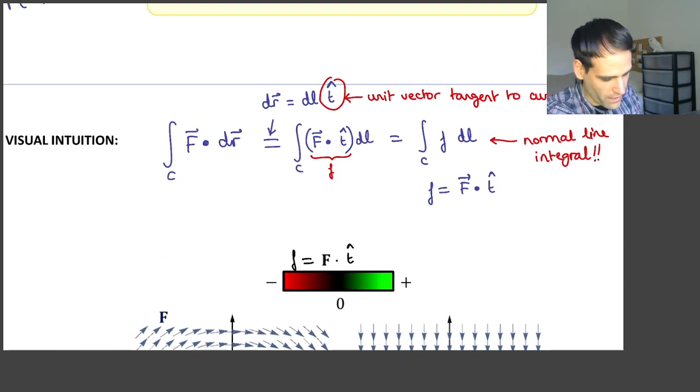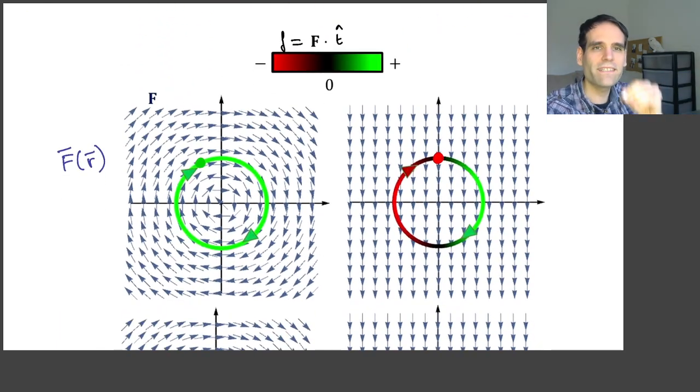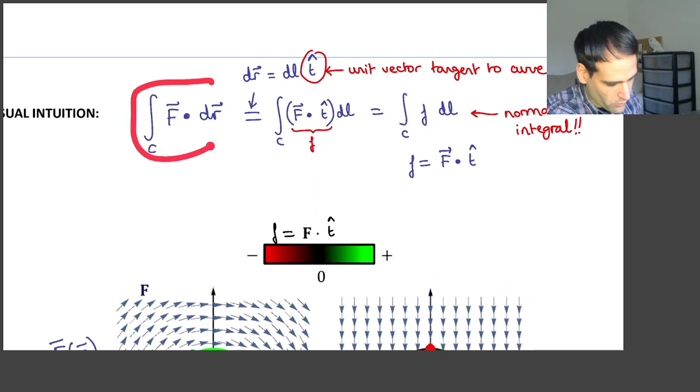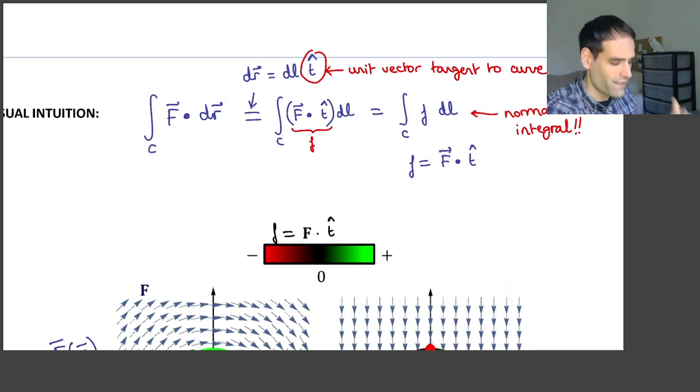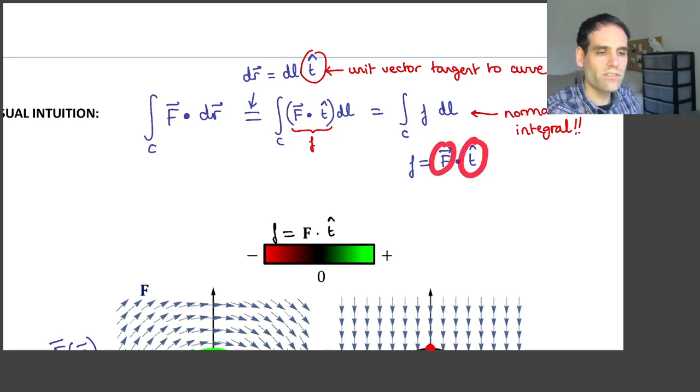So the integral F dot dr will be equal to the work done after traversing this path. But at the same time, we are going to reinterpret this as the mass of a wire in which the density of the wire at each point is the dot product between the vector field F and the tangent to the curve t hat.